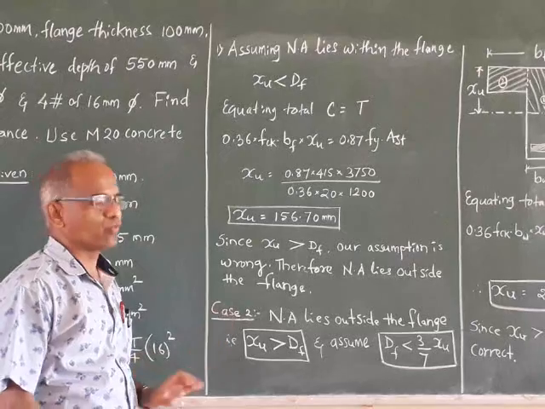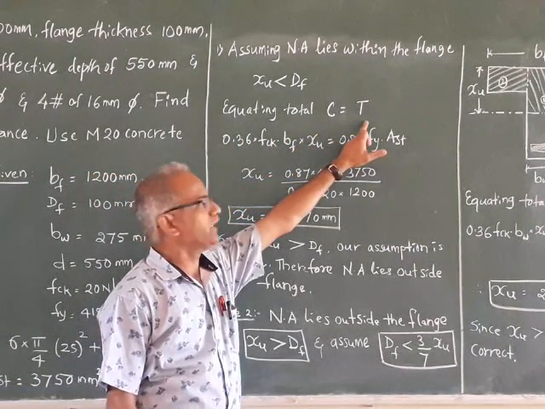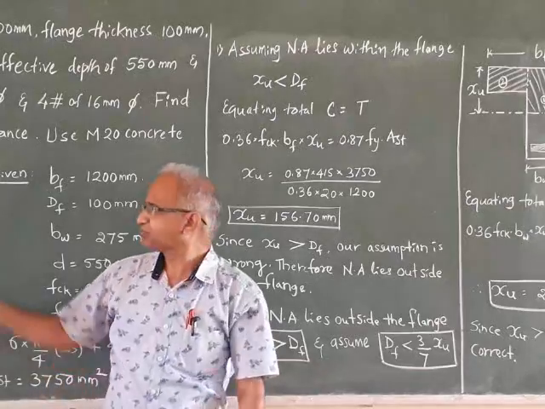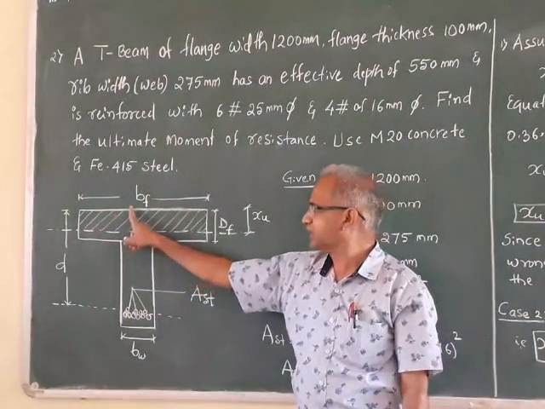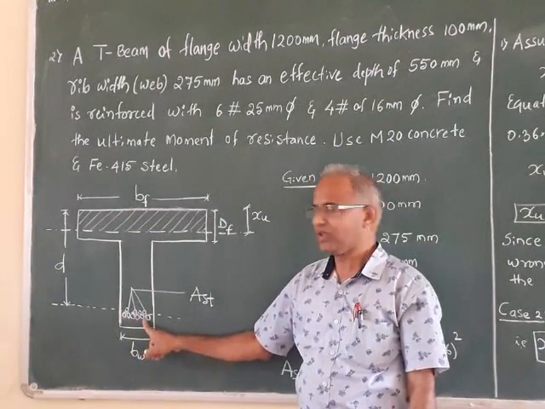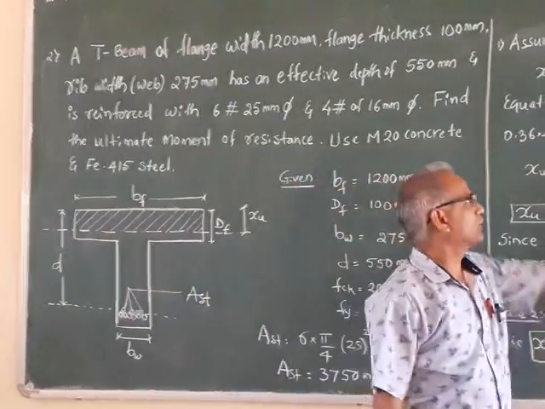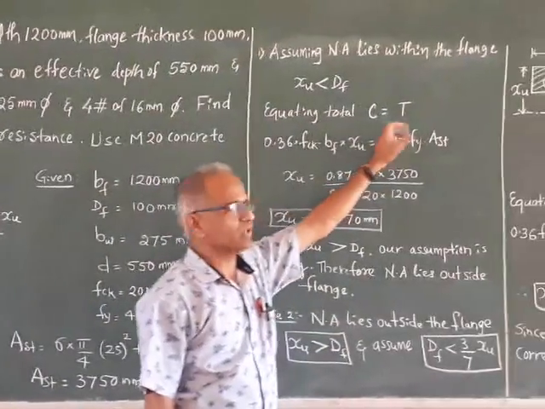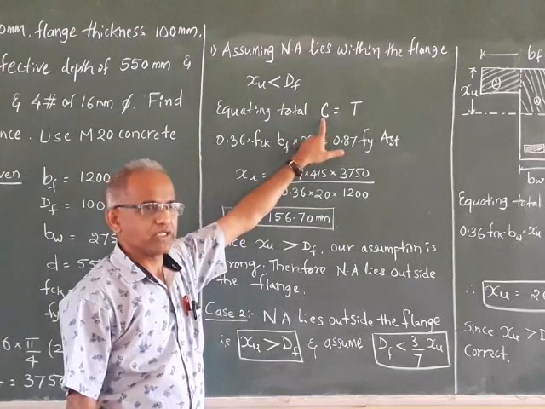For this, now we are going to equate the total compressive force to the total tensile force. This is the compression zone above the neutral axis, and this will be the tensile zone. The compressive force C is equal to stress into area.